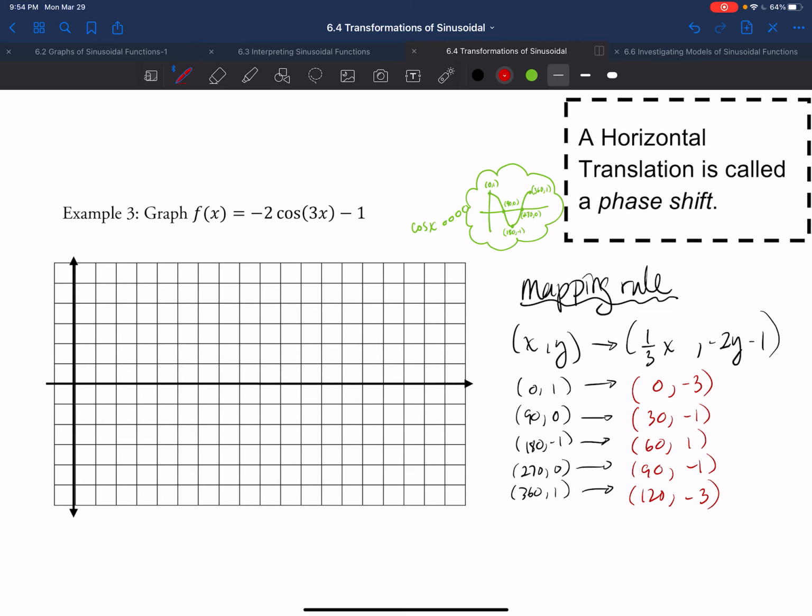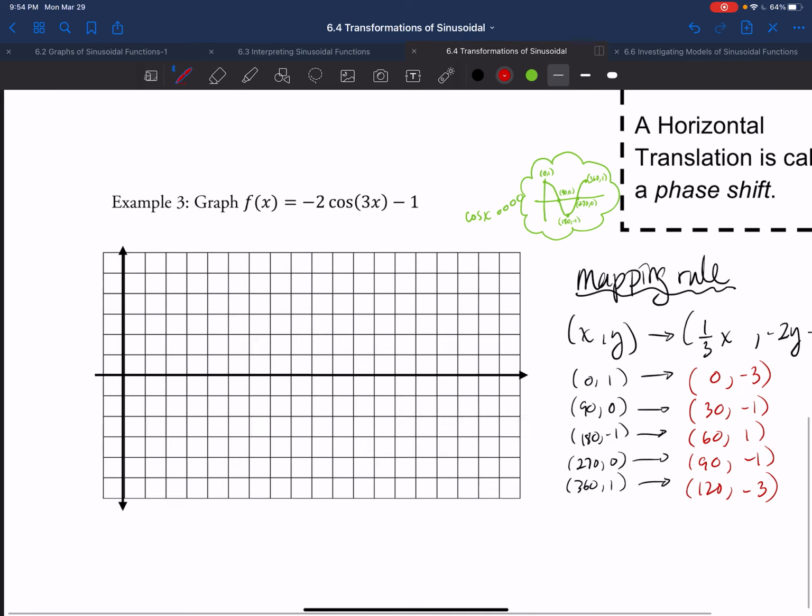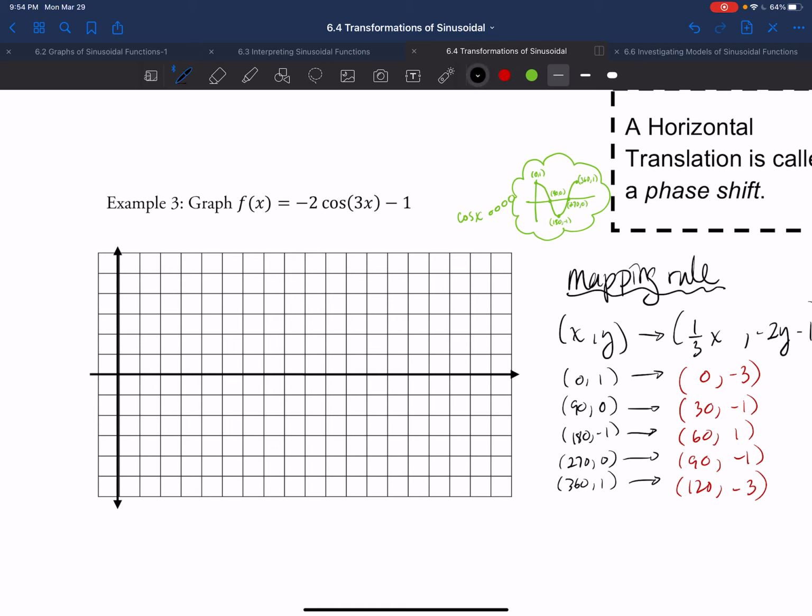So there's no scale here. Normally there would be a scale, but we're going to make our own scale then. So I need to do 0, 30, 60, 90, and 120. I'm making my own scale, so I'm going to spread it out to make it easier for me to graph. So again, I'm just going to do every 4 boxes, just like I did before. And every 2 boxes going up.